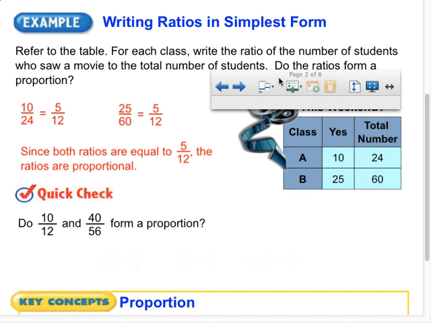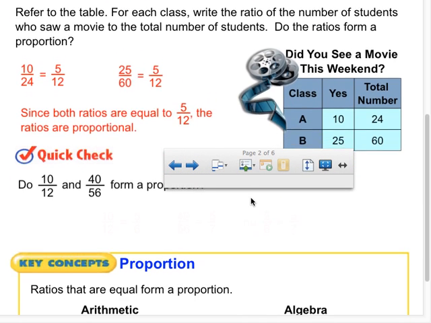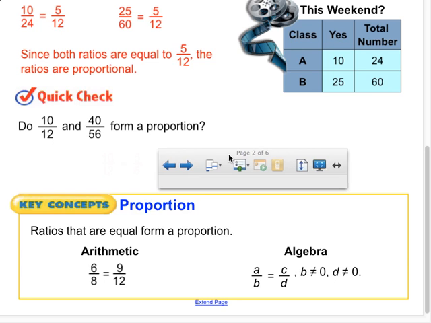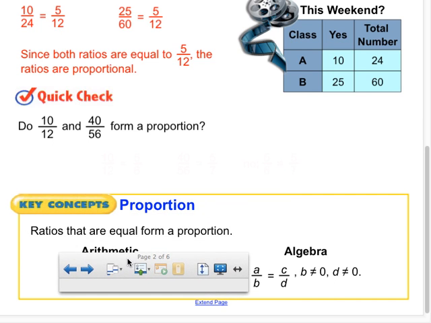Now there's another method we're going to talk about here in a little bit, but at this time what I need you to do is, now that you've seen an example, now I want you to work this out on your own. Do 10/12 and 40/56 form a proportion?